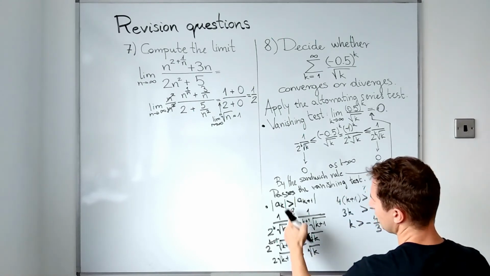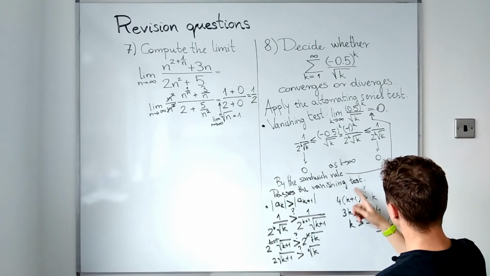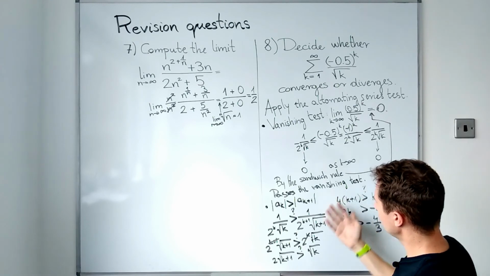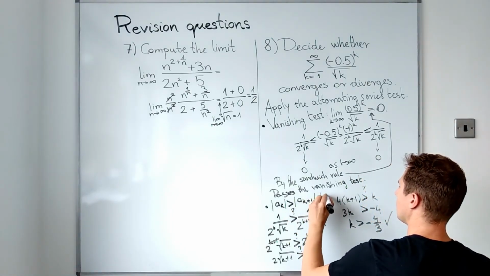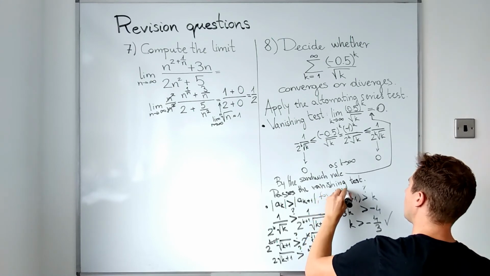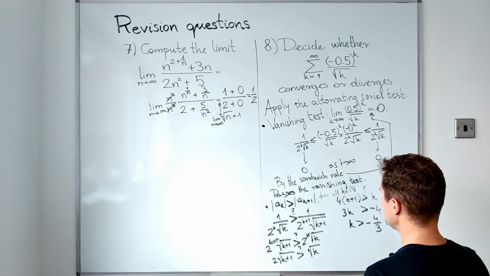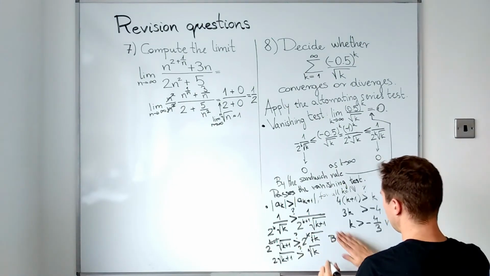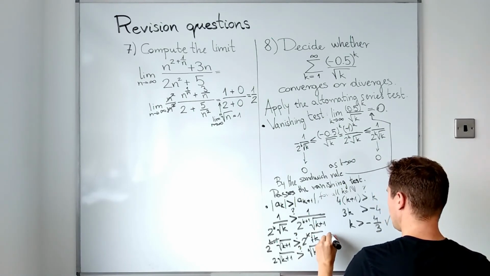So all of these equivalent rearrangements of the inequality hold true all the way up to the first one. So for all indices k, we have this decreasing property. So by the alternating series test, we have it pass.